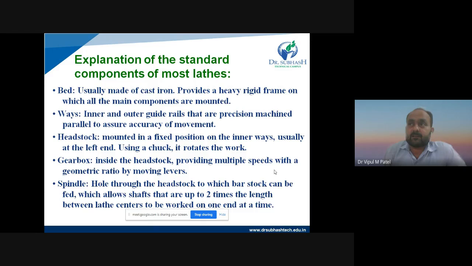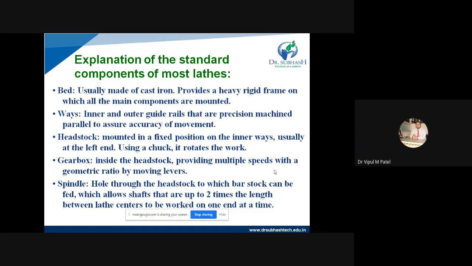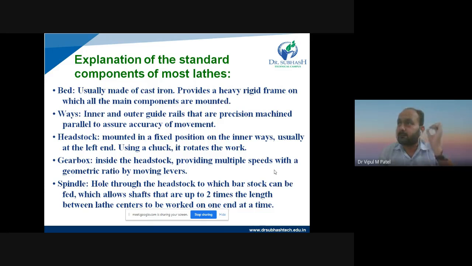We have to use the guide ways to operate the single point cutting tool, or to give the feed to the single point cutting tool, for operations like taper turning. If we want a high degree of accuracy, then we have to use the guide ways. Understand, this is the importance of the ways.